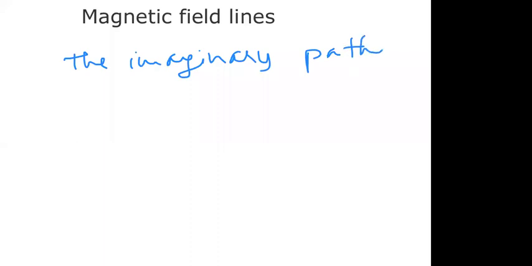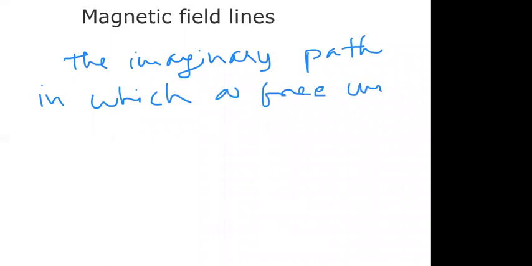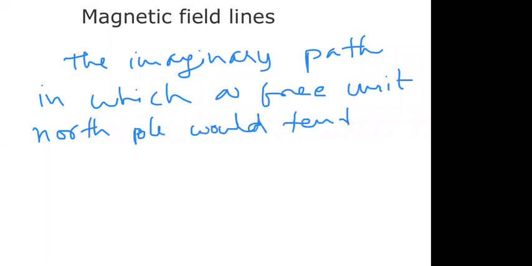Magnetic field lines. What do magnetic field lines mean? I can write that this is nothing but the imaginary path in which a free unit north pole would tend to move in a magnetic field.